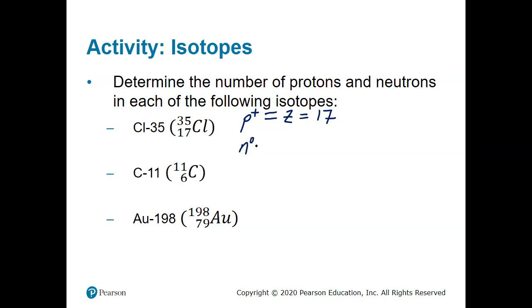Neutrons, on the other hand, N0, for the fact that the neutron has no charge, we would need to take the mass number A minus the atomic number Z. So 35 minus 17 would give us 18 neutrons in this isotope. So determining protons and neutrons from this notation is really pretty easy.